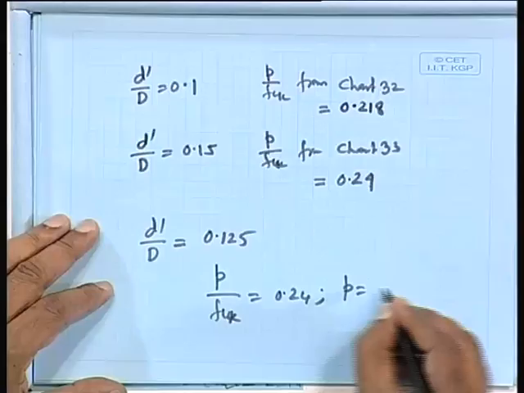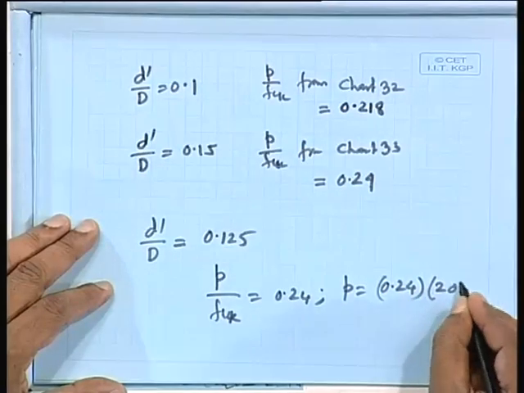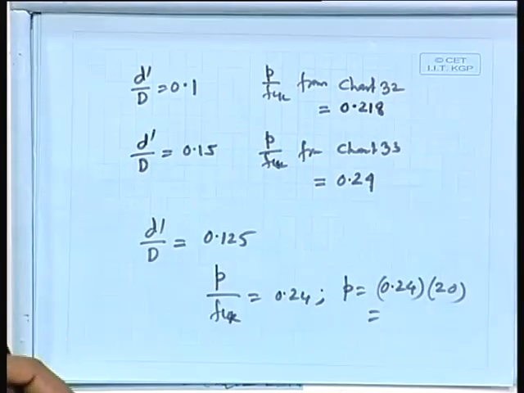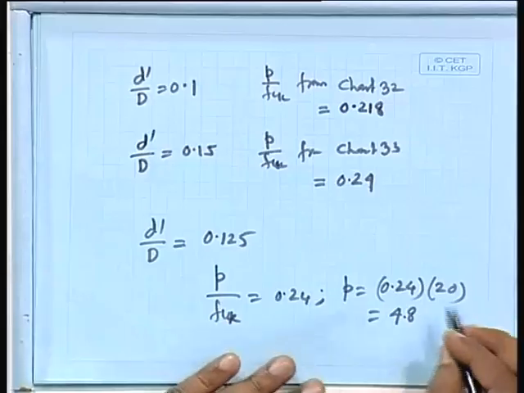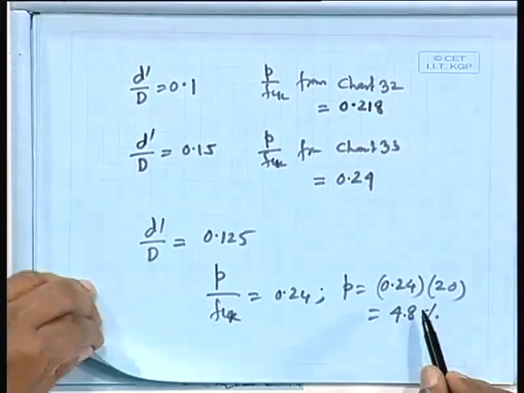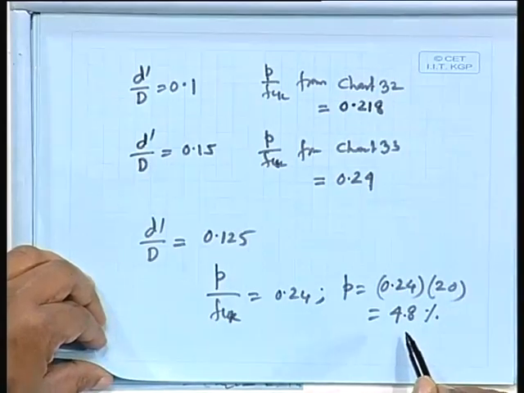Therefore P will be equal to 0.24 times 20, which comes as 4.8. So if we get 4.8 percent, it is quite high.